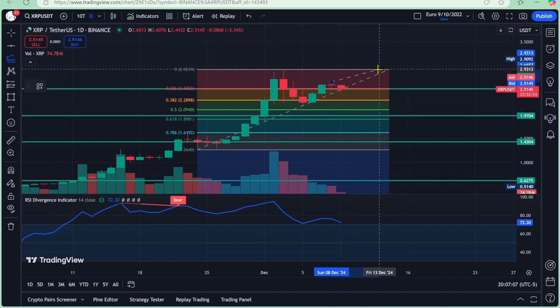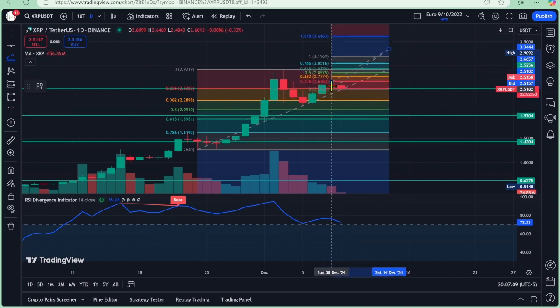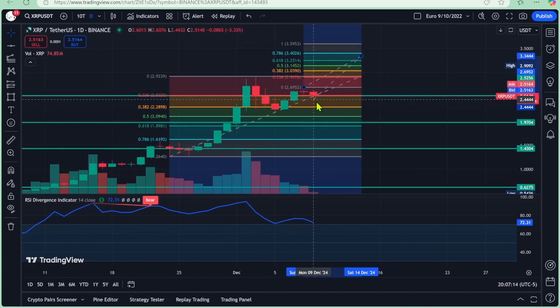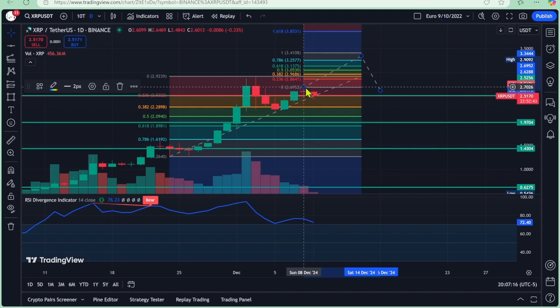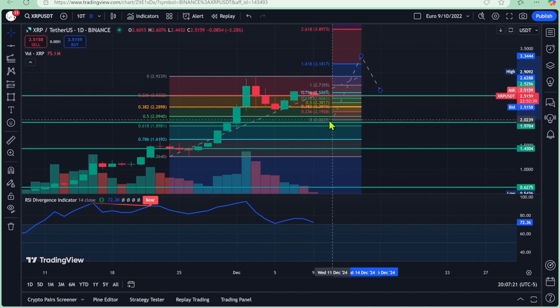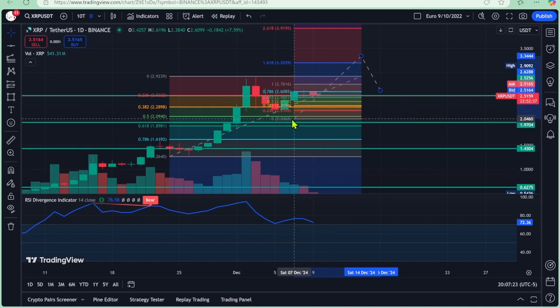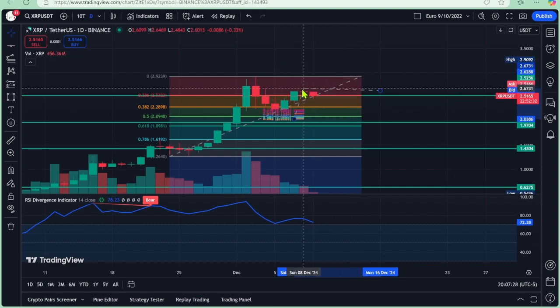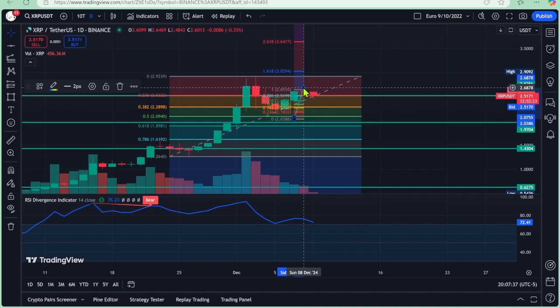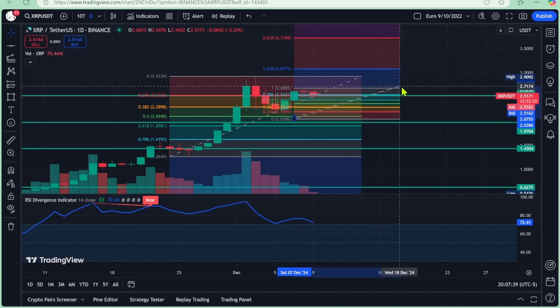Let's say that the price bounces from this line here. Let's say it bounces from this line and goes up to this line. Let's put this back in its pocket and drag this across the top of that right there.